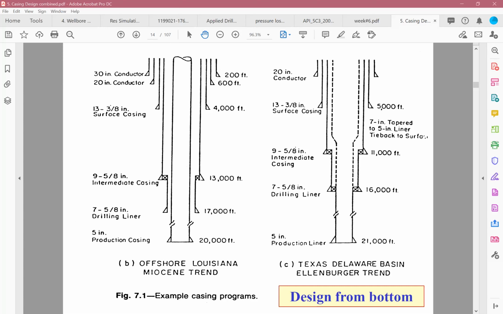Economics is very important, but what else? Economics, definitely, that's a great point, which we will talk about later on as well. In addition to economics, what else should we consider? Leakage or anything like that? Or pressure, so that it can handle the pressure.